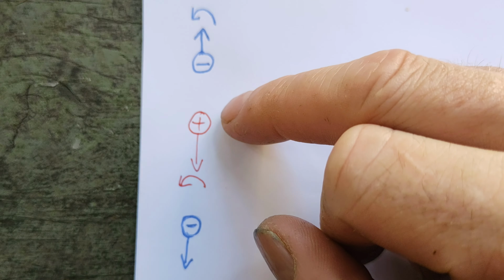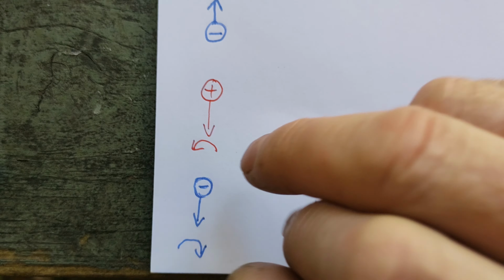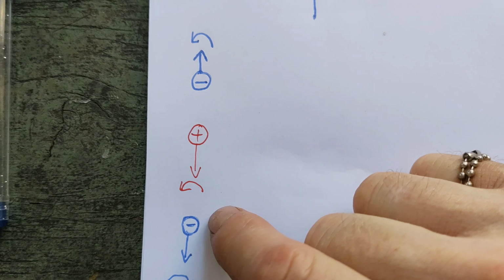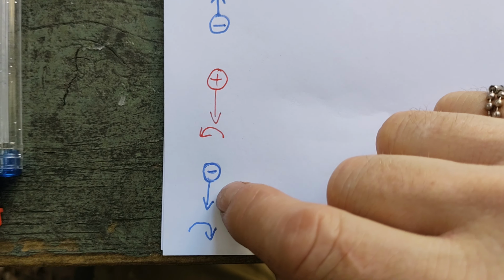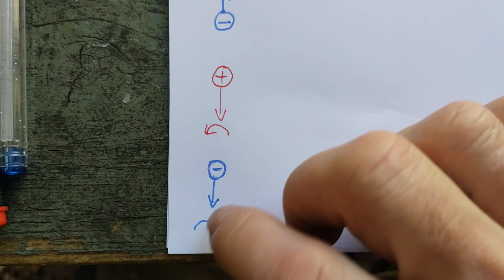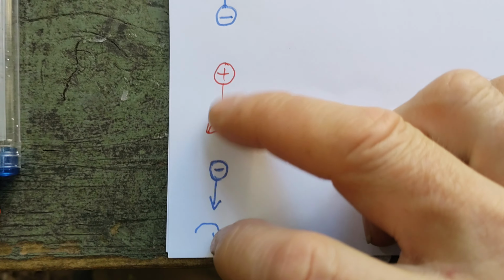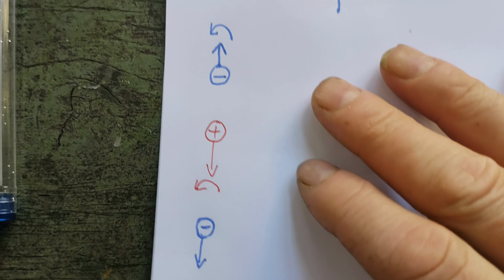If a positive charge is traveling, let's say, in this direction, it creates a rotating magnetic field up and out of the page. If a negative charge is traveling in this direction, it creates a rotating magnetic field that's opposite to that rotation, if they're both going in the same way, for example, right?